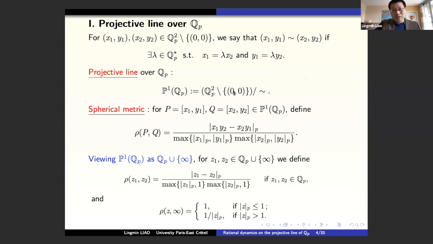Modulo this relation, you get the projective line. On this projective line, we can define the spherical metric, with the definition like this.